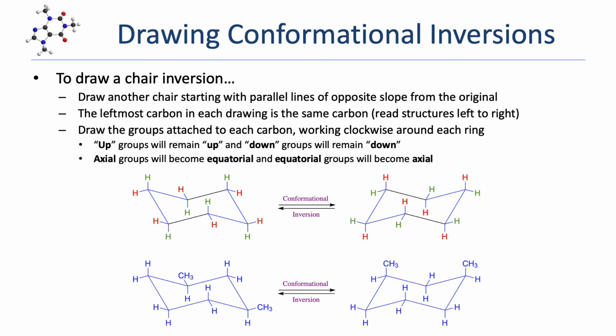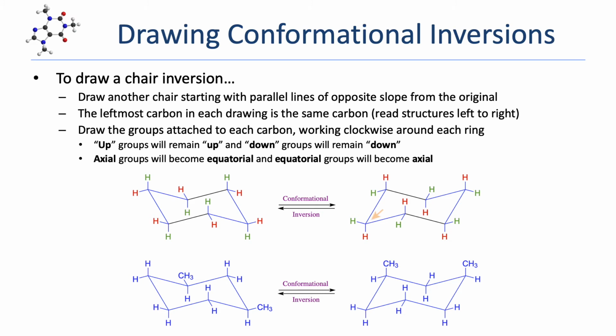lines of opposite slope. So in the left chair, I started off with my 2 parallel lines having positive angled slope. That means that in the chair inversion, I need to start with my parallel lines aligned with a negative slope. Again, offset, so that one starts at about halfway through the length of the other. From there, we simply finish off the drawing.